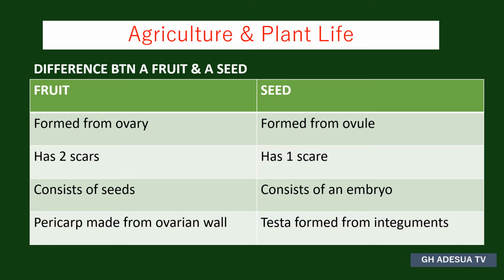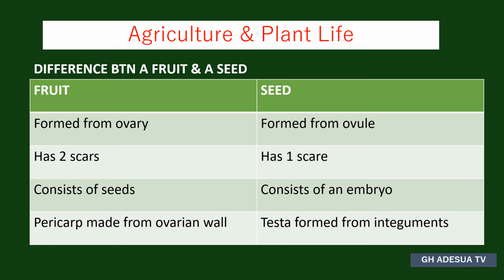So that's that. Now also we are saying that the fruit has two scars on it, whereas the seed has only one scar.